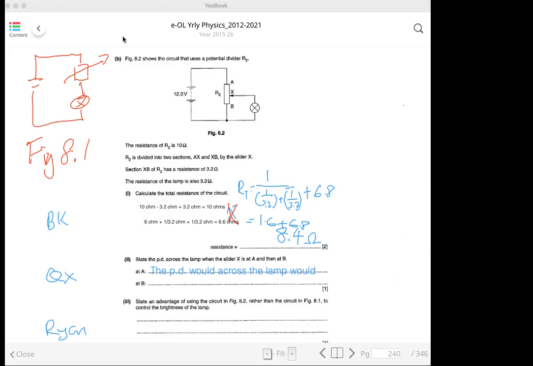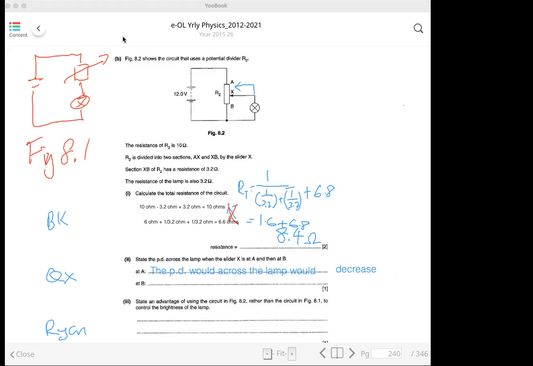Okay, sorry, Chelsea. Can you write the rest again? Okay, the PD across the length when the slider is at A and then at B. Okay, when the slider is at A, you're supposed to give a value.